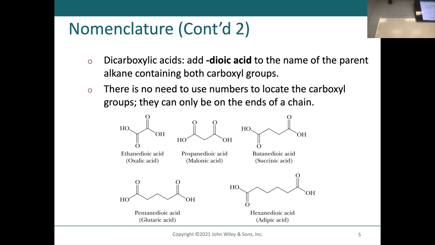Do you see ethane there anywhere? It has 2 carbons though, right? The longest chain is 2 carbons long. And those 2 carbons happen to have carboxylic acid, so it's ethane dioic acid. Okay? This is also known as oxalic acid.